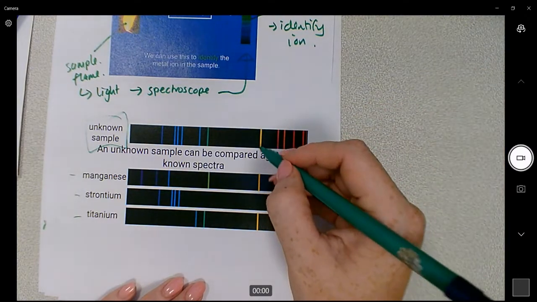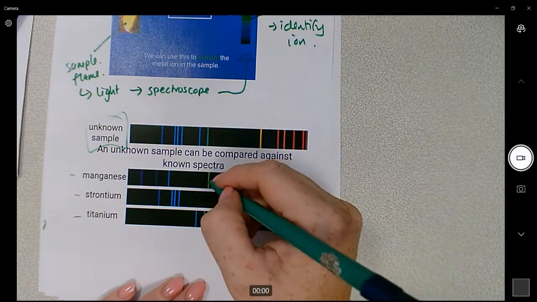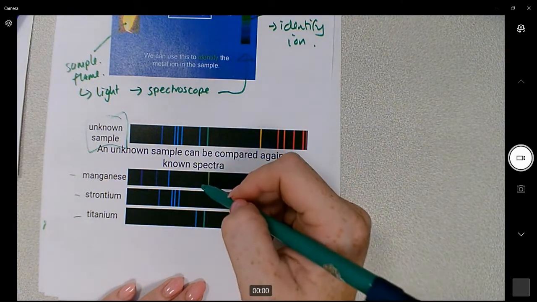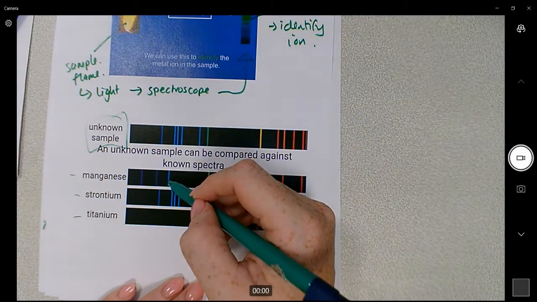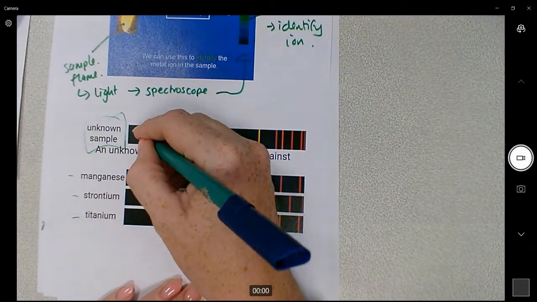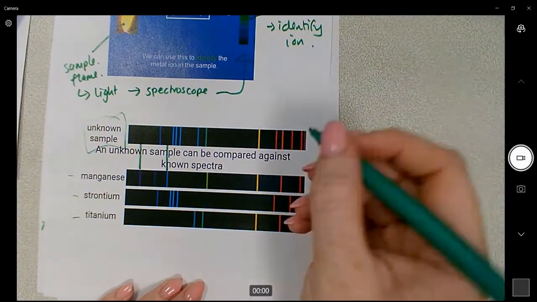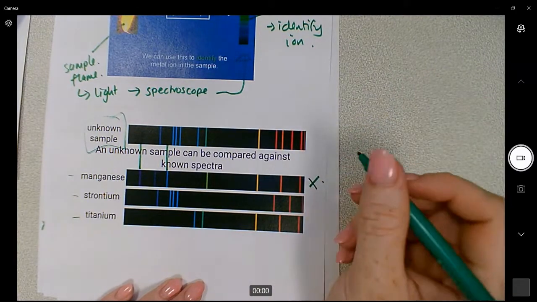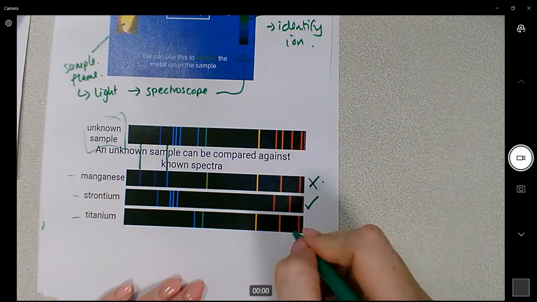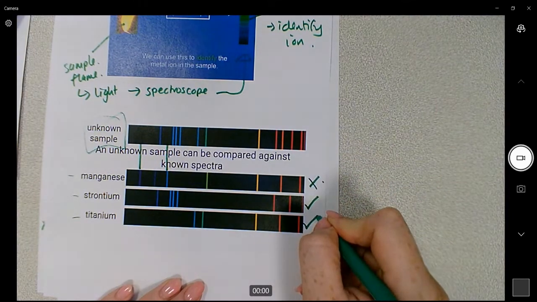So you can see it's got the yellow, the green, the blue, the blue. Wait a minute. Can you see how actually that doesn't line up there? And there's no purple there. So I can rule out straight away that one there is not contained within my sample, but this one is, as is this one here.